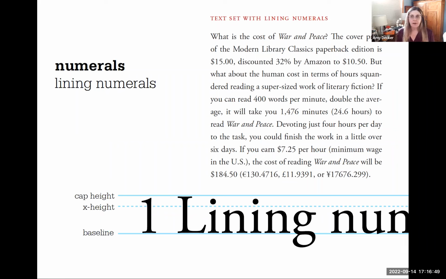So when you're doing a project that has a lot of numbers, you really want to think of what typeface you're using, how you want your numbers to behave in the document. Do you want them to behave like capital letters so they really stand out and don't blend in? That's when you'd want to use lining numbers. They act like capital letter forms, just as if you were putting something in all caps. That's how these numbers are going to act, like all caps.